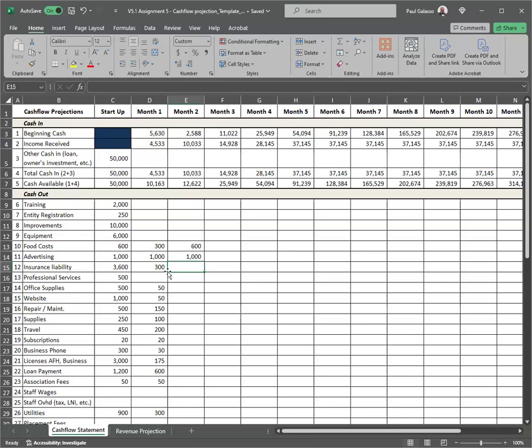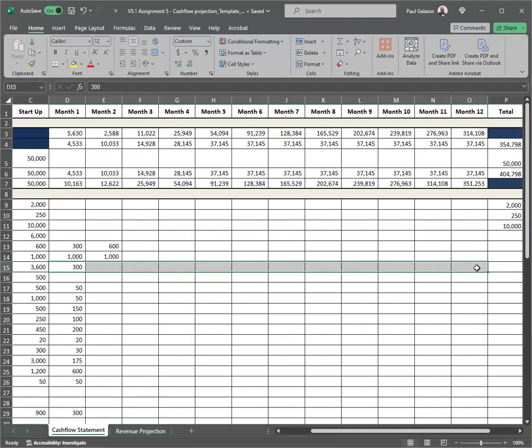Our liability insurance is the same. That's $300 that we are putting in every month into our non-monthly expenses. So we're going to take that dollar figure and spend that all the way through the end of the year.